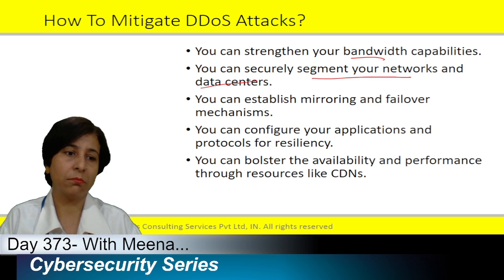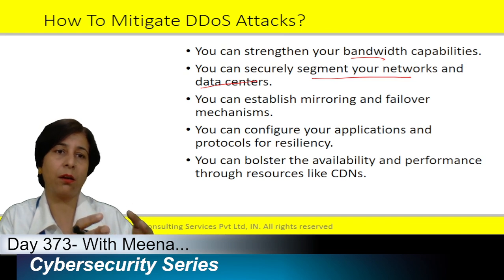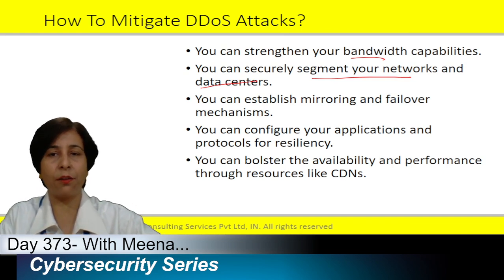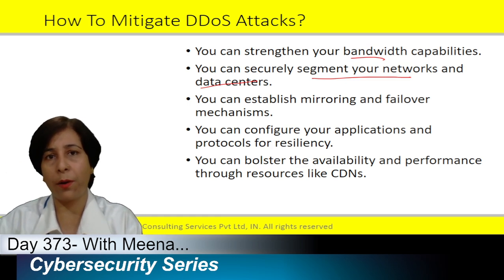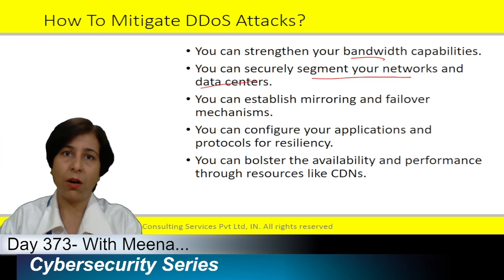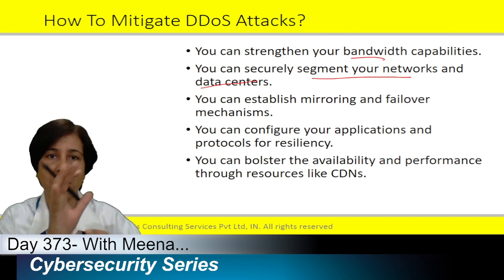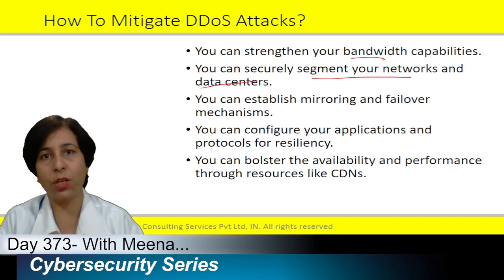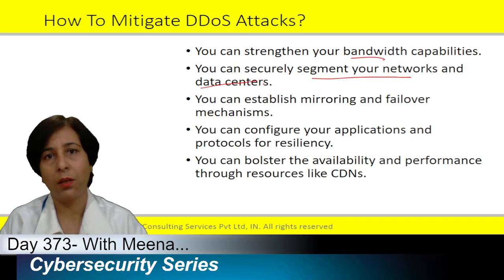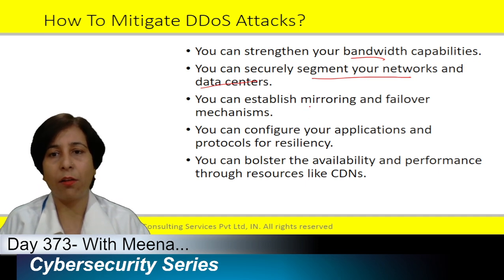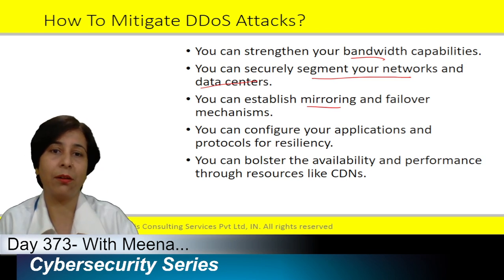If you observe traffic that looks like a DDoS attack, and you have segmented your network properly, you can redirect the traffic or use different ways to handle the DDoS attack.